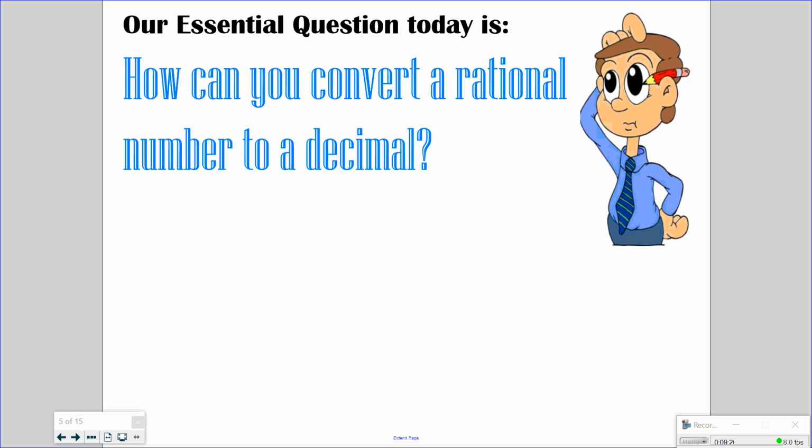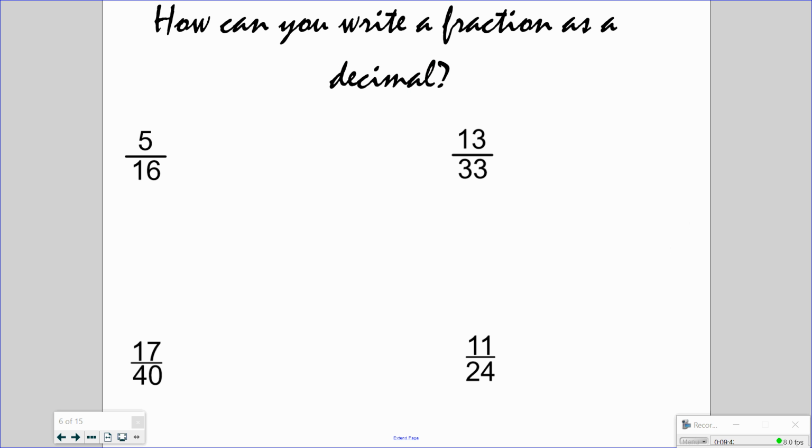All right, so the essential question we are going to answer is how do we convert a rational number to a decimal? So remember, once again, the first few letters of rational number are ratio, and we are working in the form of a over b as long as b does not equal 0. All right, how do you write a fraction as a decimal?